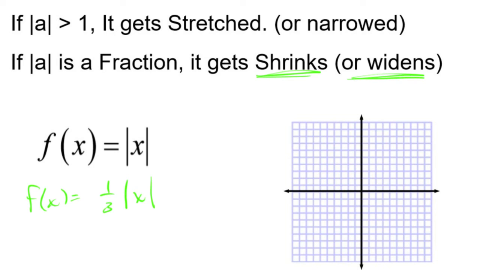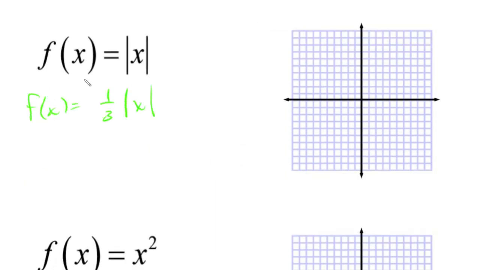So this would take your V and make it about 3 times wider. Instead of looking like that, it would be wider. Okay, that's the idea. And then if you had something like this, it's going to make it a lot more narrow. Instead of just looking like this, it's going to look like this, super steep.